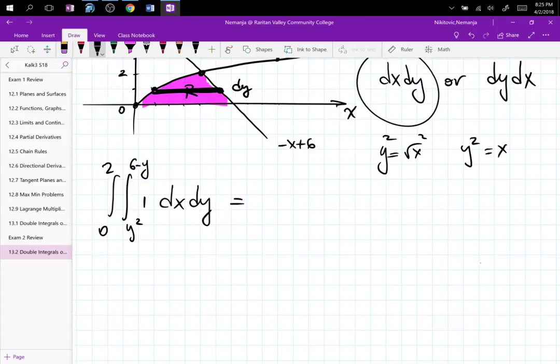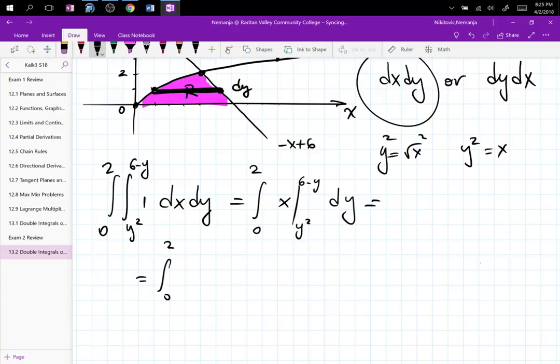So now we solve the inner integral first. We are integrating with respect to x. Well, it's easy because the integral of 1 is just x. And we are computing from y squared to 6 minus y. We still have dy to deal with, from 0 to 2. Upper limit is 6 minus y, minus the lower limit, y squared. Note my use of parentheses.